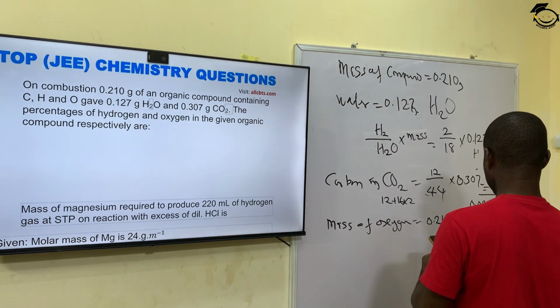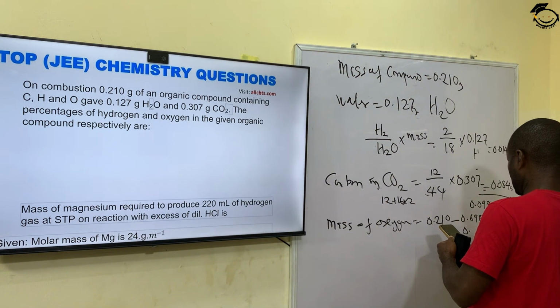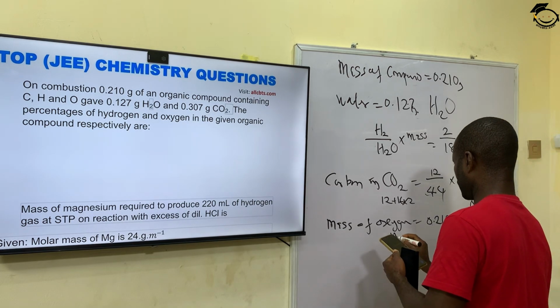The answer gives us the mass of oxygen, which is 0.112 gram.